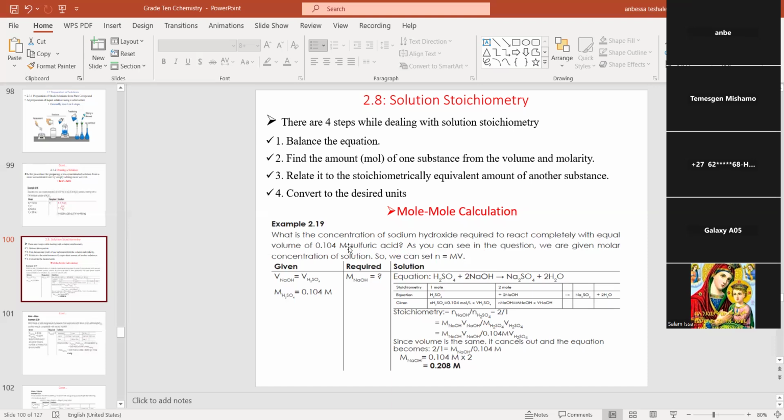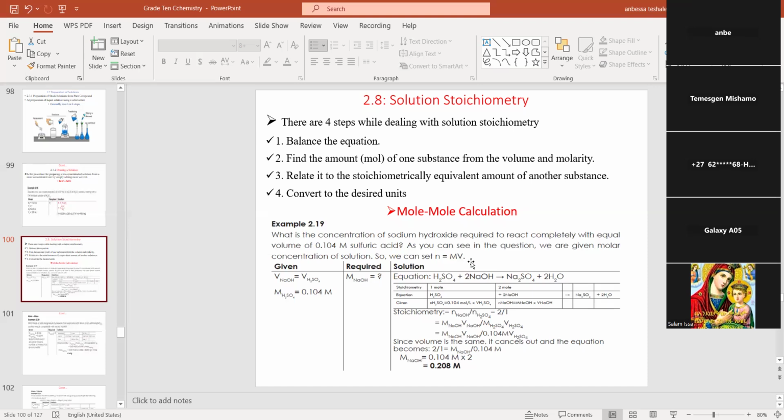So the given molarity must first be converted to mole, because as we saw last time, molarity is equal to mole over volume of a solution. So number of mole is equal to molarity times volume.